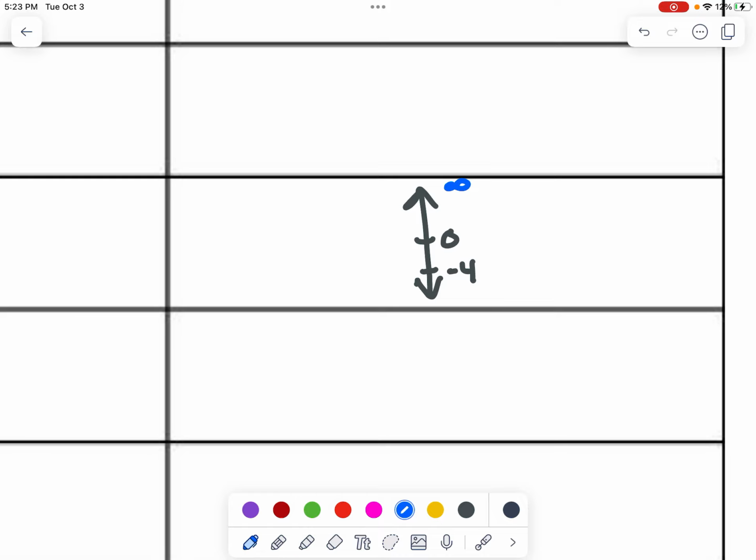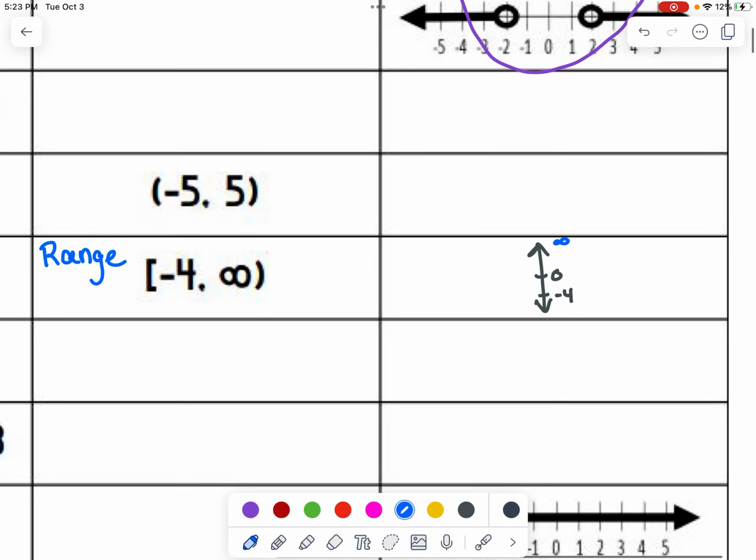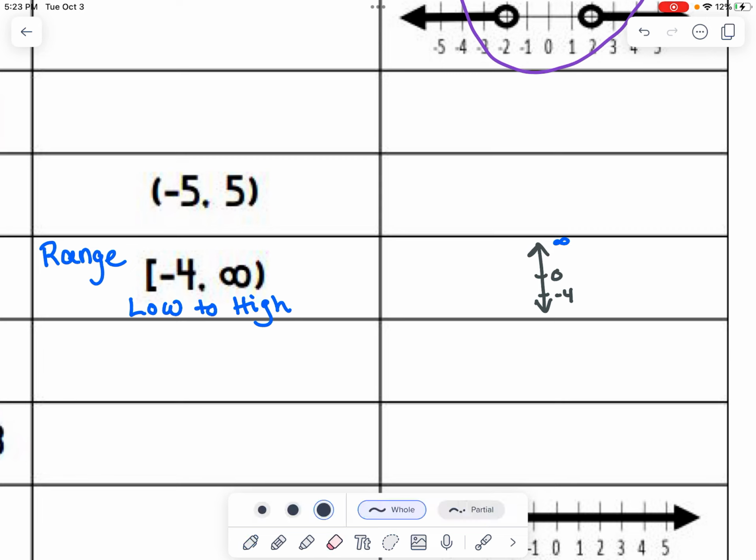So I'm listing things, while my interval notation is listing low to high, or left, it lists left to right, sorry, least to greatest. Let me fix that. So it always lists things least to greatest.